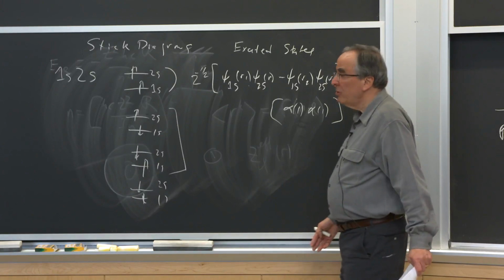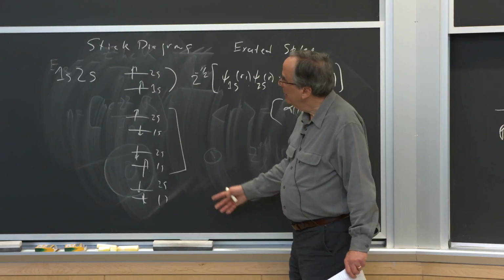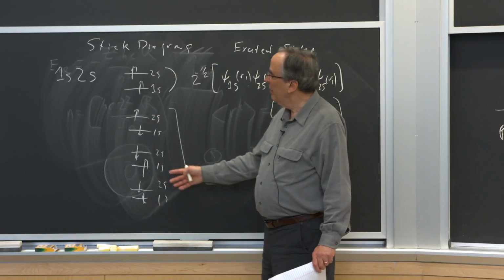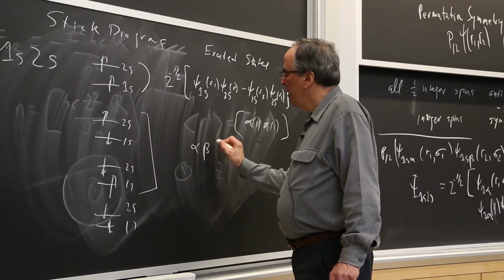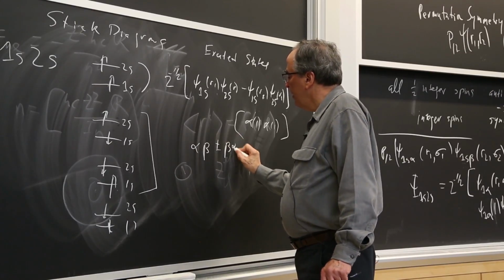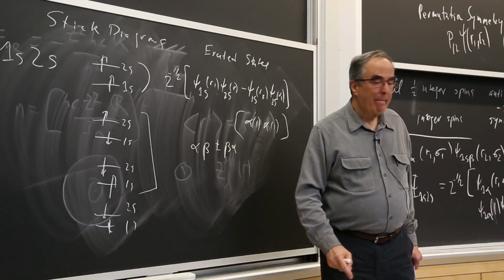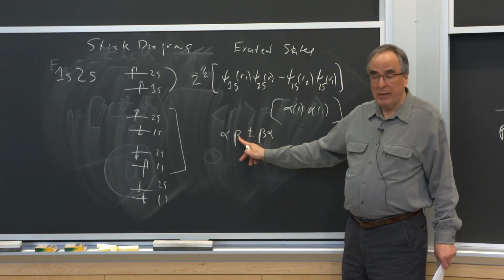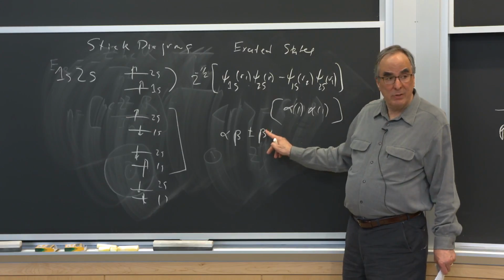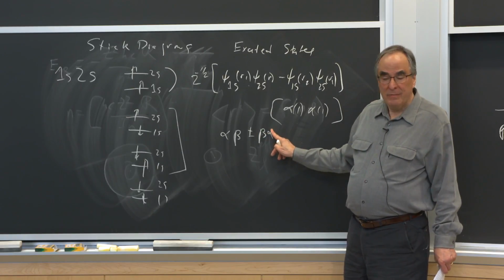And what you find when you do this is that we get functions which look like alpha beta plus or minus beta alpha. Okay, so spin 1 alpha, spin 2 beta, plus or minus spin 1 beta, spin 2 alpha.